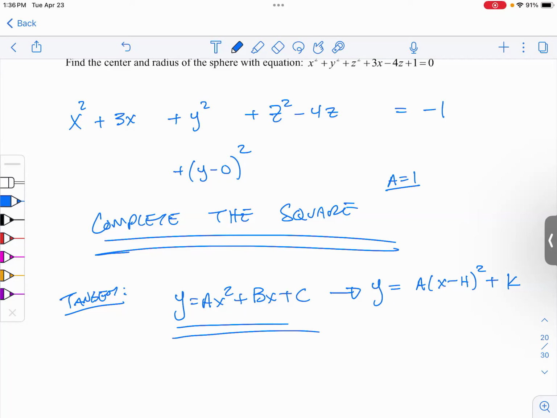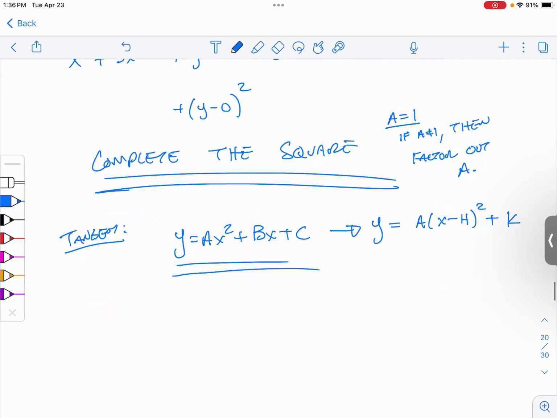If it's not 1, you have to factor that out. In our case, no problem, we don't need to factor it out.